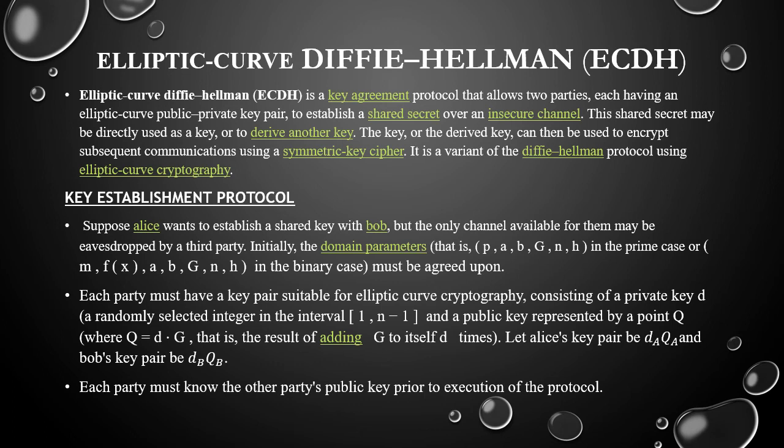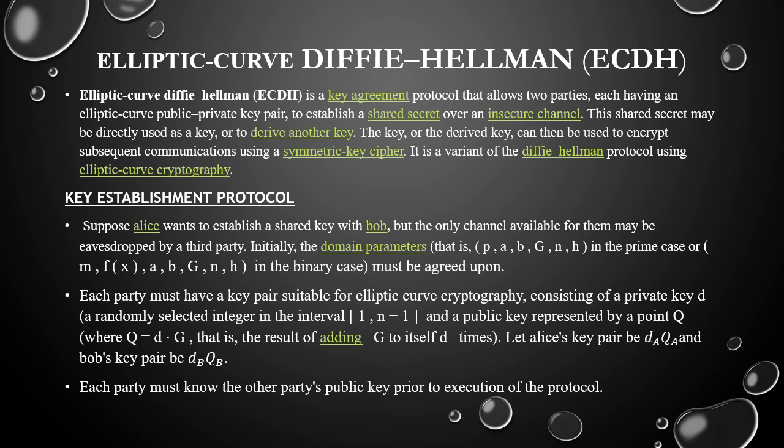This shared secret may be directly used as a key or to derive another key. The key or derived key can be used to encrypt the subsequent communication using a symmetric key cipher. It is actually a variant of the Diffie-Hellman protocol using elliptic curve cryptography.